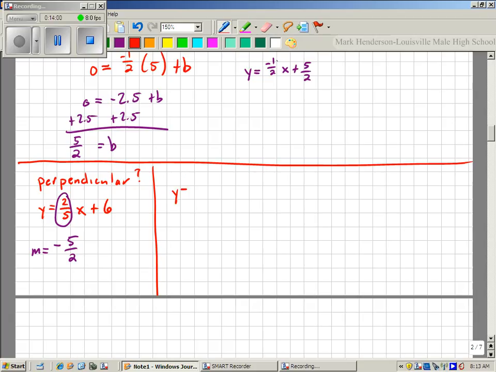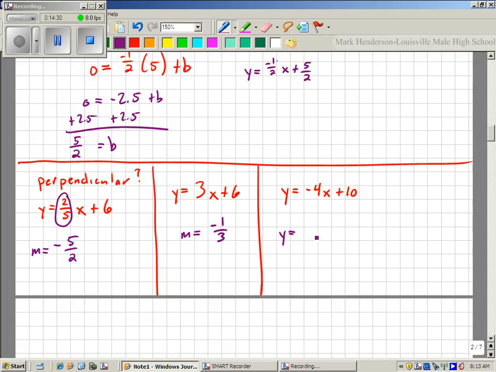So let's try another one real quick. If I have 3x plus 6, what's the slope of the perpendicular line? -1/3. Remember, it has to be negative. Let's try one more. y equals -4x plus 10.